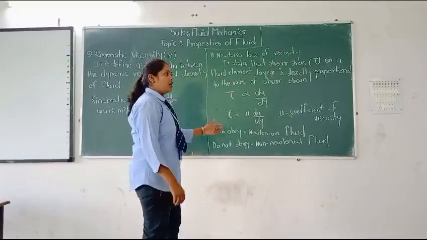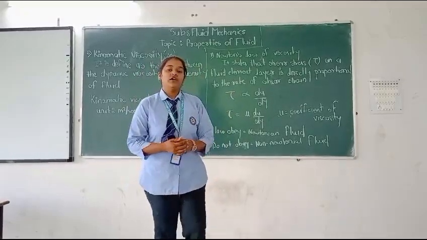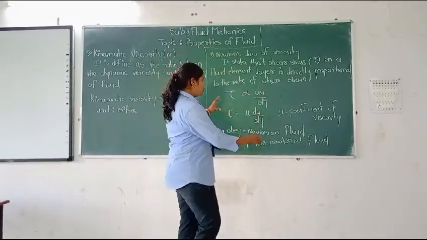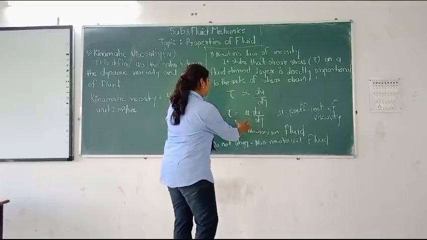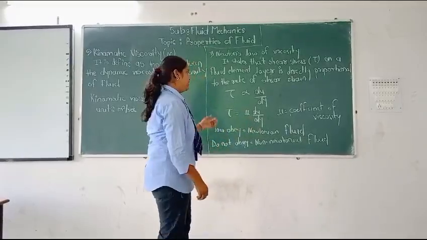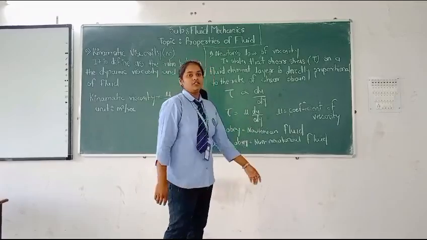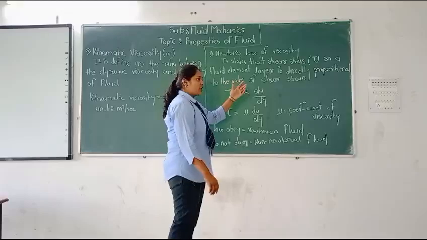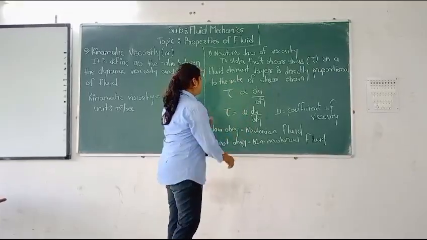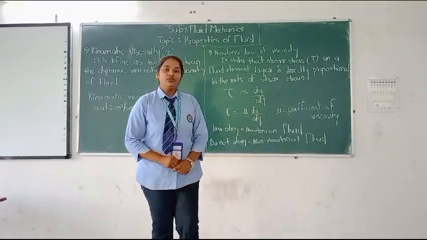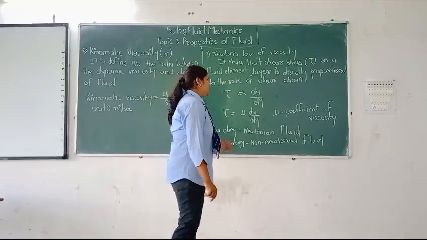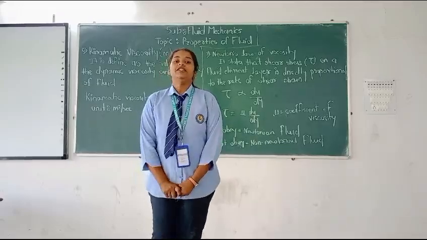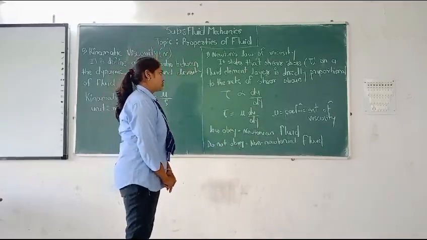In any law we compare two elements, so we have to put a proportionality constant. Here the proportionality constant is mu. Tau is directly proportional to du by dy, then tau is equal to mu into du by dy. Tau is the shear stress, du by dy is the shear strain, and mu is the proportionality constant or coefficient of viscosity.